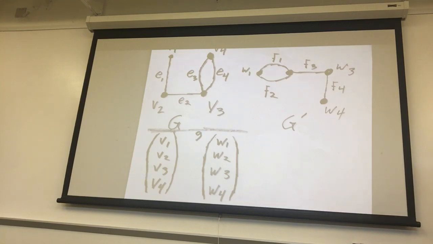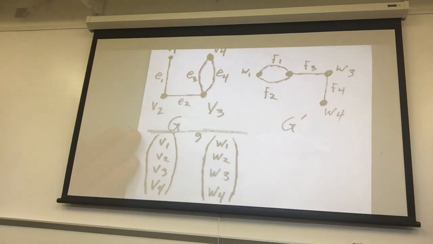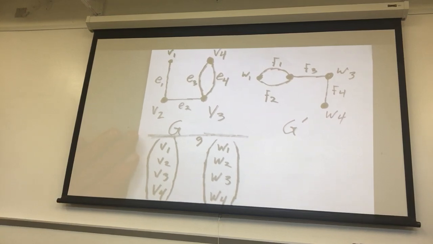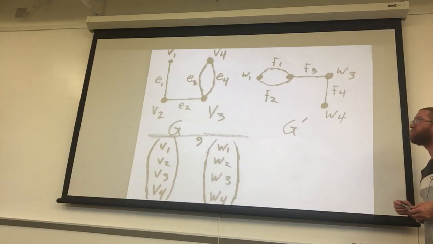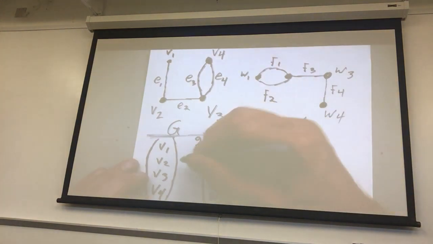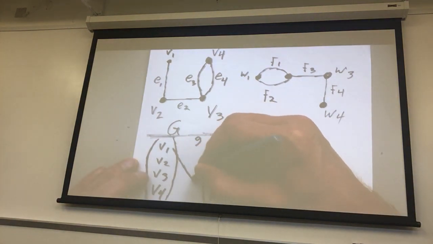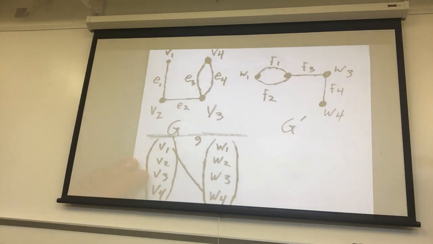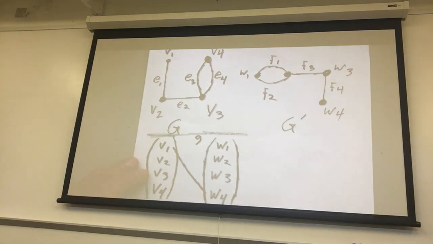Just looking at these two graphs right here, what do y'all think V1 would be mapped onto? Which vertex would correspond to V1? W4. Great. So V1 is mapped onto W4, and that means V2 would be mapped onto W3.